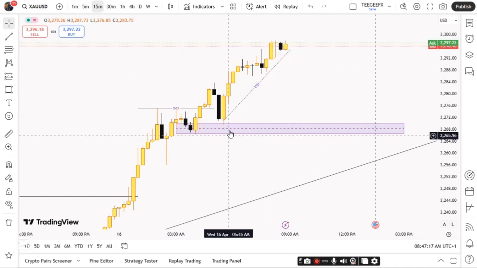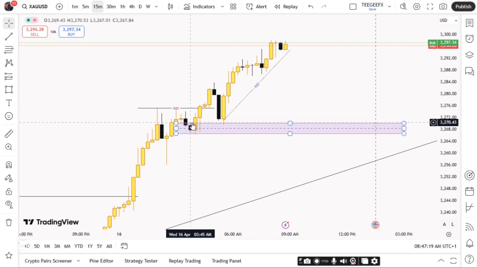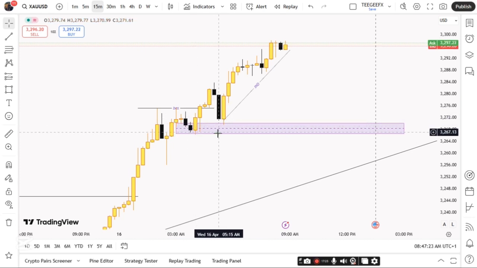But now looking at this clearly, you see that this order block here has been mitigated. What do I mean by mitigated? Mitigation means when a candle has tapped into an order block, so that order block is already used.